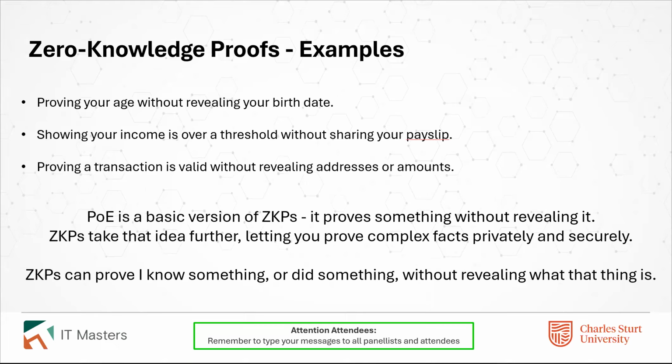And proof of existence is, I would say, perhaps a basic version of zero knowledge proofs, because it proves something without revealing it. But zero knowledge proofs takes that idea further. It lets you prove complex facts privately and securely. And zero knowledge proofs can prove I know something or I did something without revealing what that is. I'm going to talk about this a bit later.